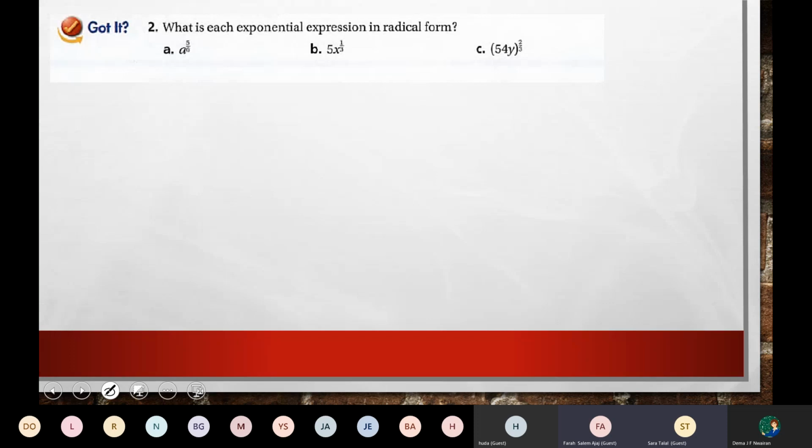Teacher, she is saying your voice is not clear. How did you see it, Farah? Is it clear? Yes, now it's clear, but Sarah is saying that your voice is not clear. What's the time now? 11:17.